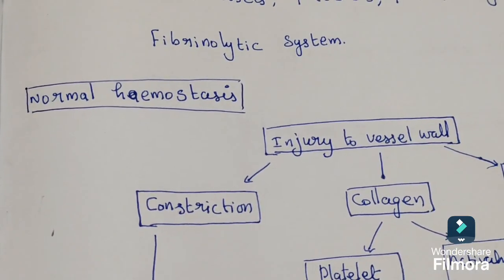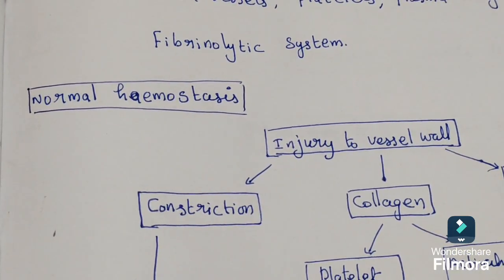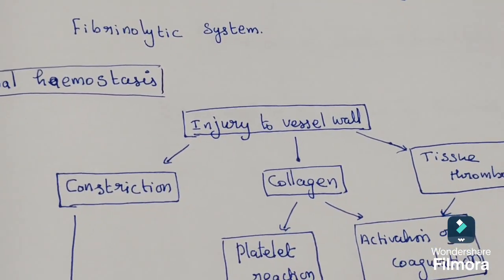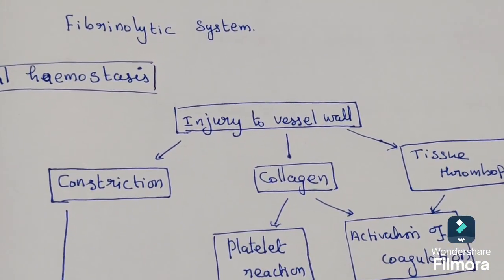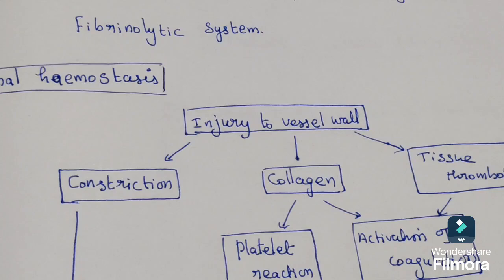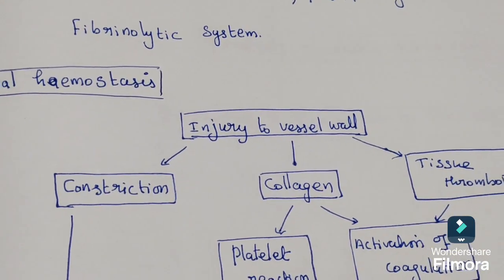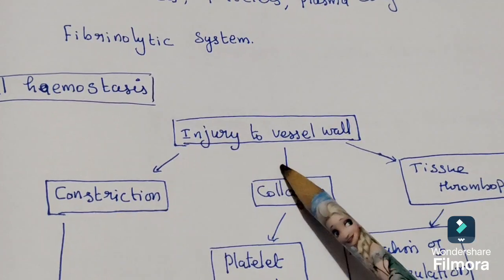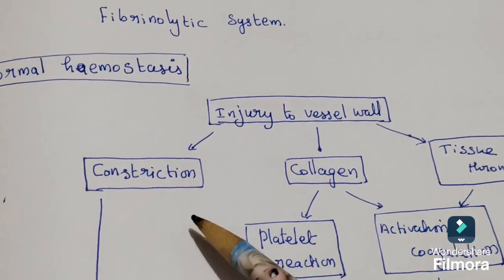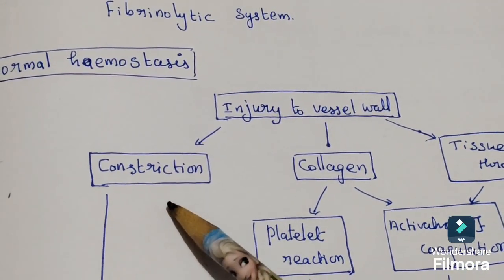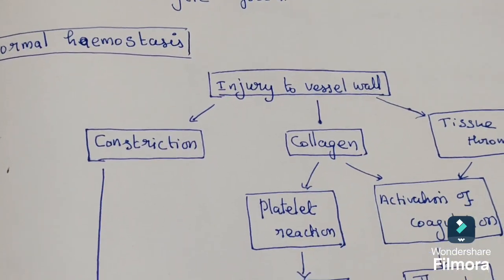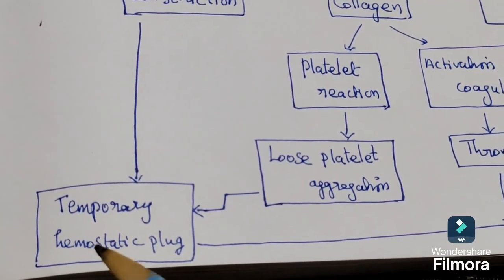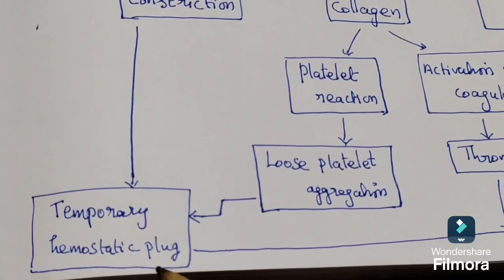Then normal hemostasis. This flow chart shows normal hemostasis. Injury to the vessel wall leads to constriction of blood vessels, which leads to formation of a temporary hemostatic plug.